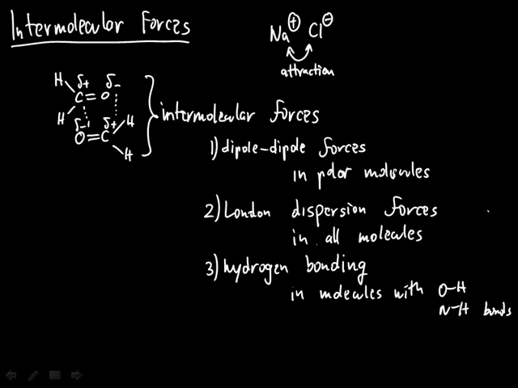Let's talk a little bit about all three of these types of interactions. And the first one we'll talk about are the dipole-dipole interactions. If you look at a molecule with some sort of a permanent dipole, and one of those that we talked about recently is chloromethane, then the positive end of this dipole is on carbon and the negative end is on chlorine.